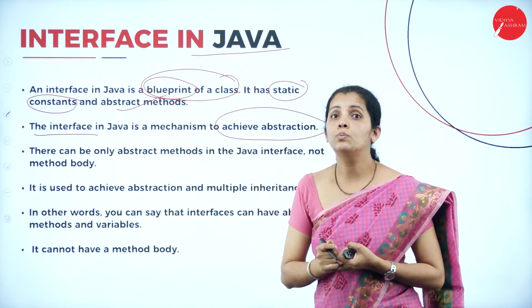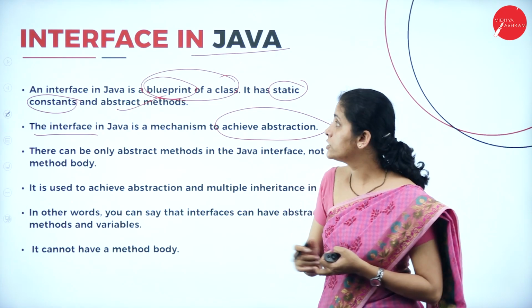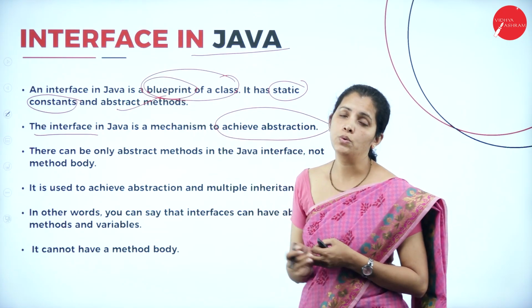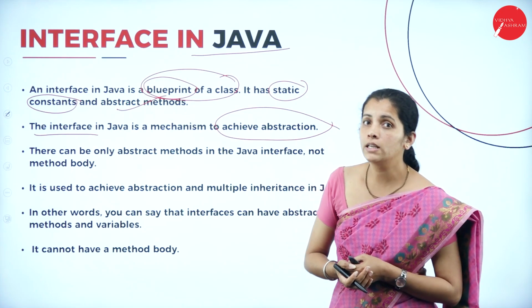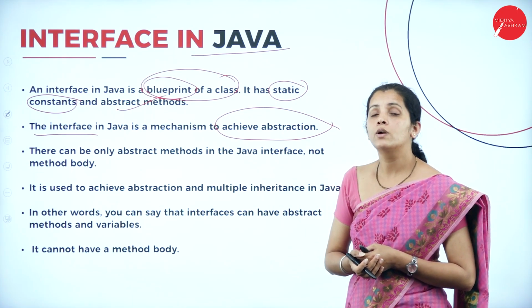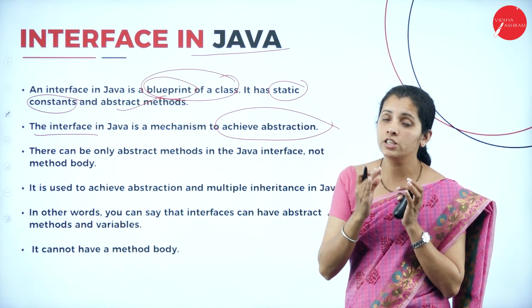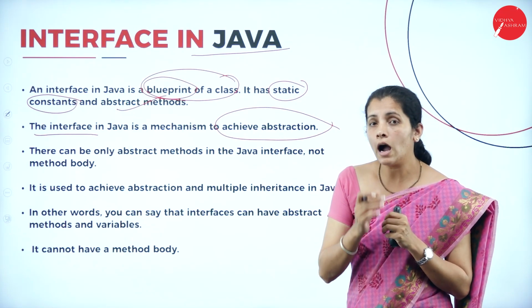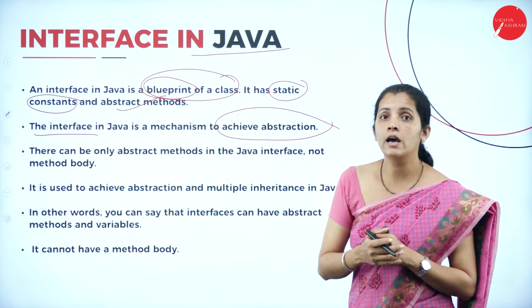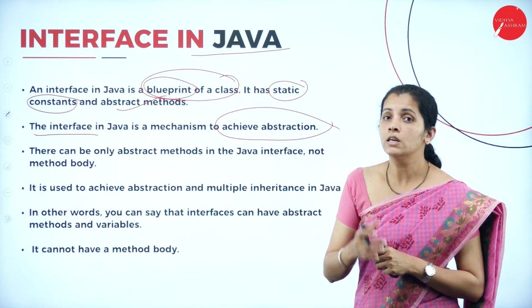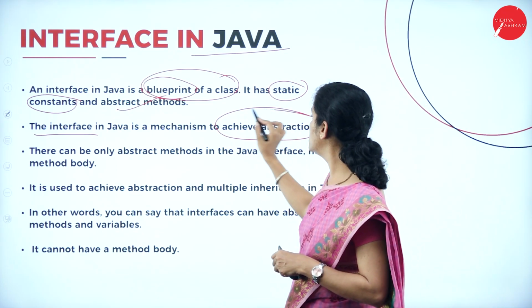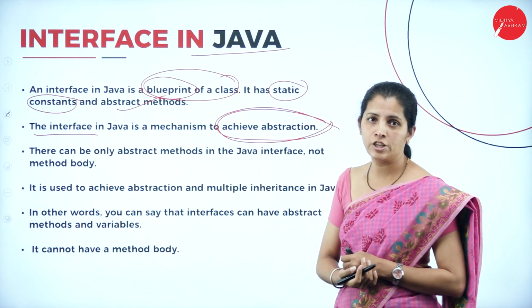Along with that, to provide data abstraction, once again we are going to use interface. So what is data abstraction? We are going to provide only the basic functionality to the user, and the rest of the things are hidden from the user. That can be done with the help of abstraction.